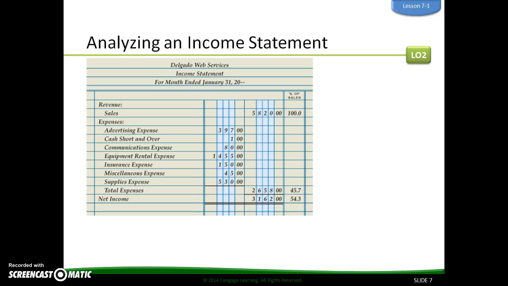And it gives us a sense of how we're doing as a company when you compare us to other companies in the same industry. And so that's really the important reason why we want to actually analyze this data.